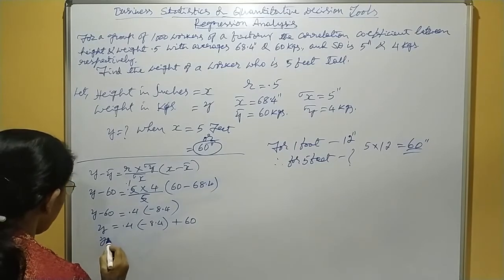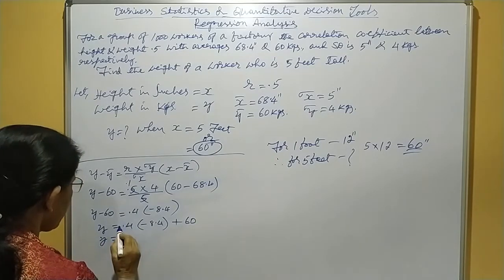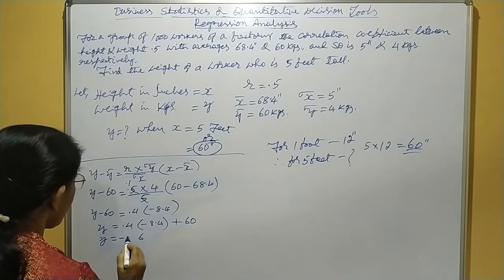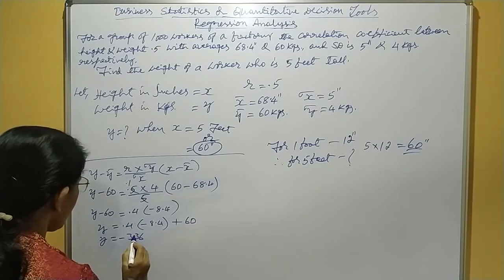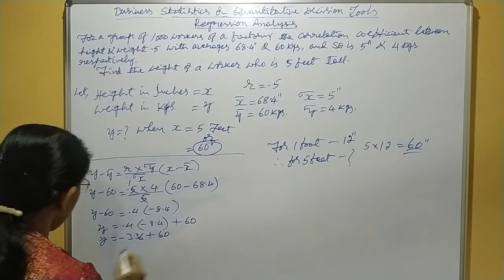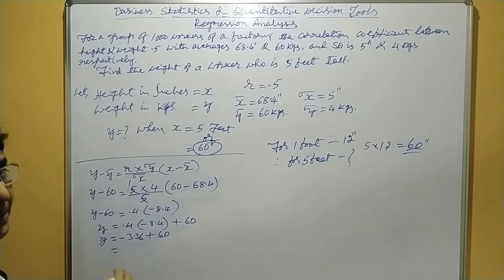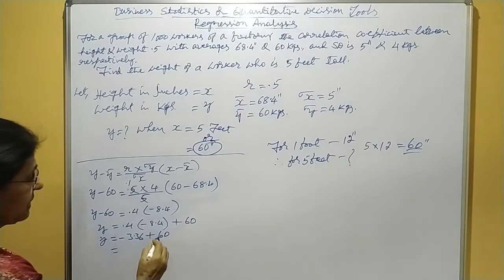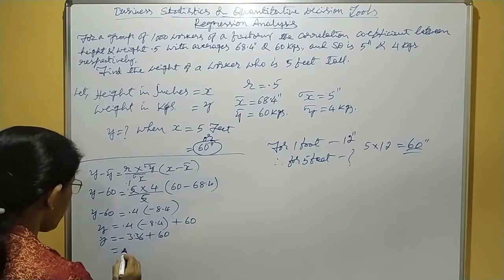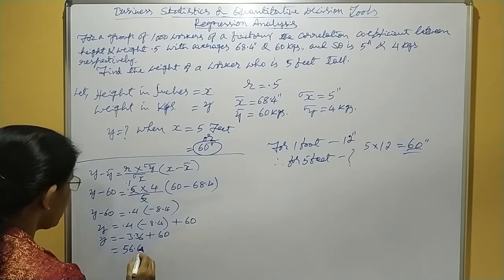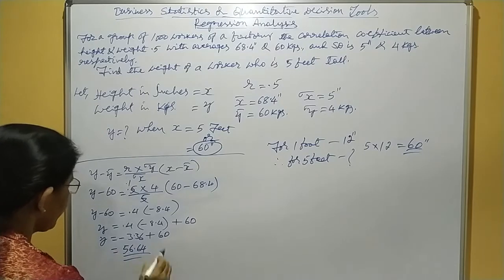Now y equals, here this one is plus into minus 3.36 plus 60 equals, one is with plus sign, another one is minus sign, take the difference, highest value sign is plus, it comes to 56.64.